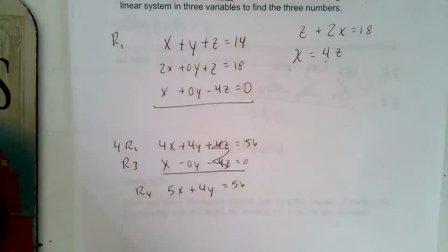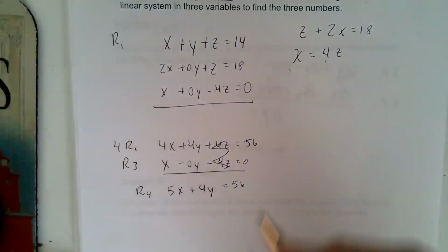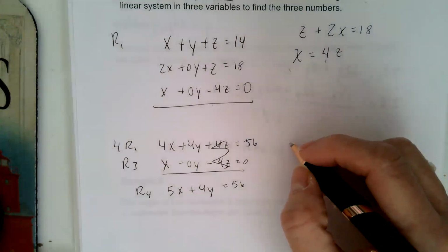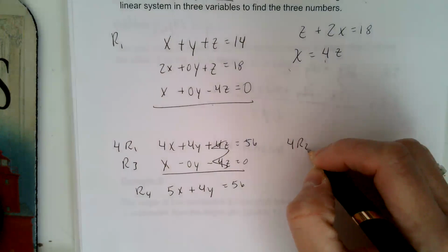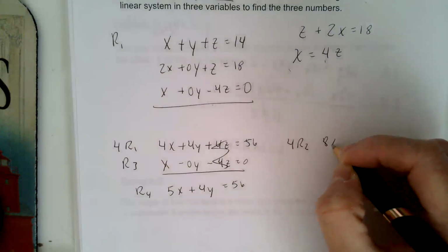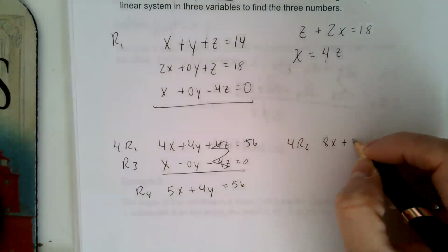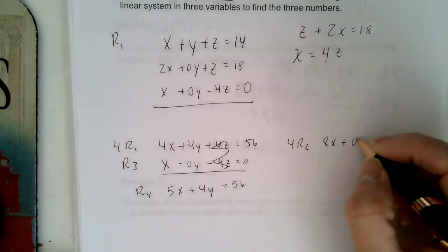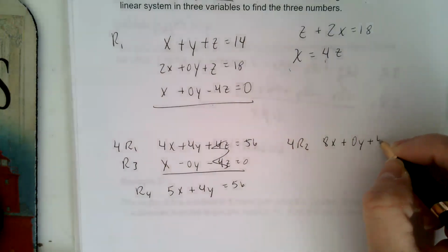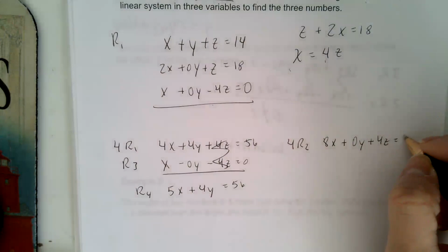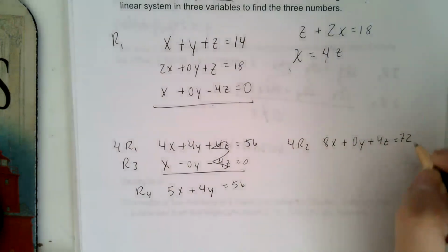And then I'm going to do the same with row 2. 4 times row 2 is going to be 8x plus 0y plus 4z equals 72.